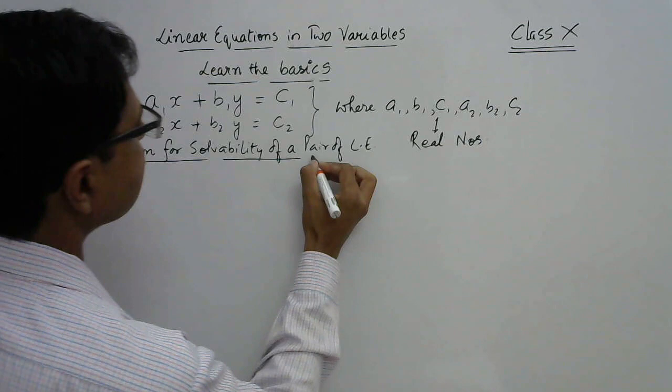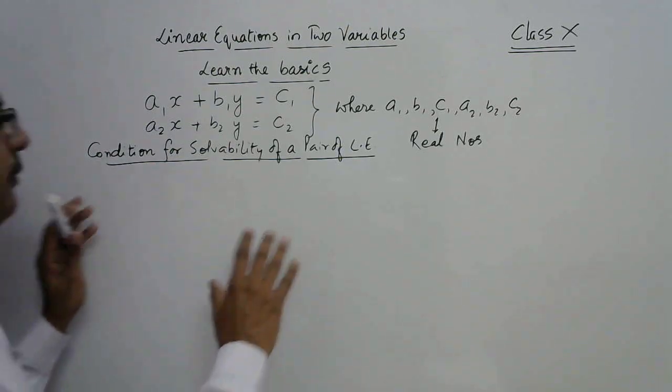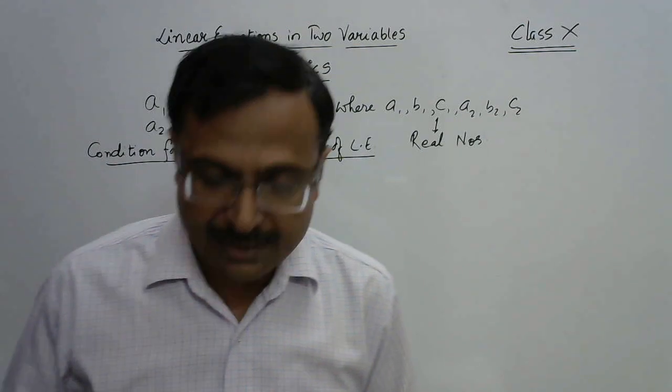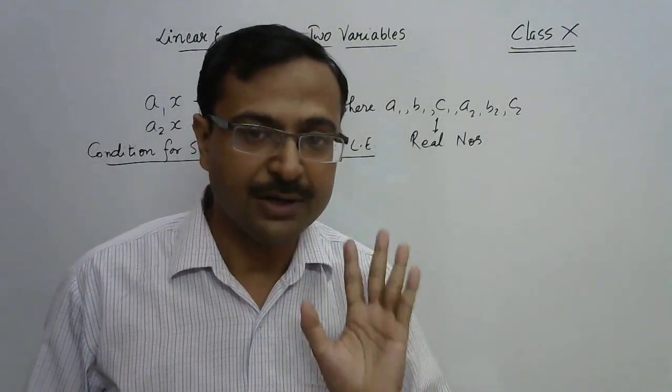I am discussing the conditions of solvability, and subsequently in other videos we will be taking up the methods of solving the linear equations. Now when we talk of solvability of a pair of linear equations, the nature of the solution can be of three different types.